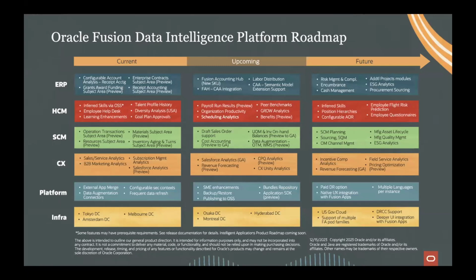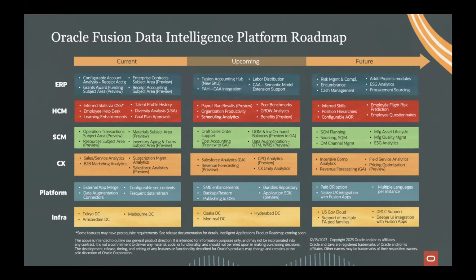For HCM, we will have the payroll run results as a preview feature, so customers that have HCM analytics will be able to enable that feature and start testing it out once it's available as a preview. We're also adding org productivity as a part of the initiative for enhancing our people leaders analytics.